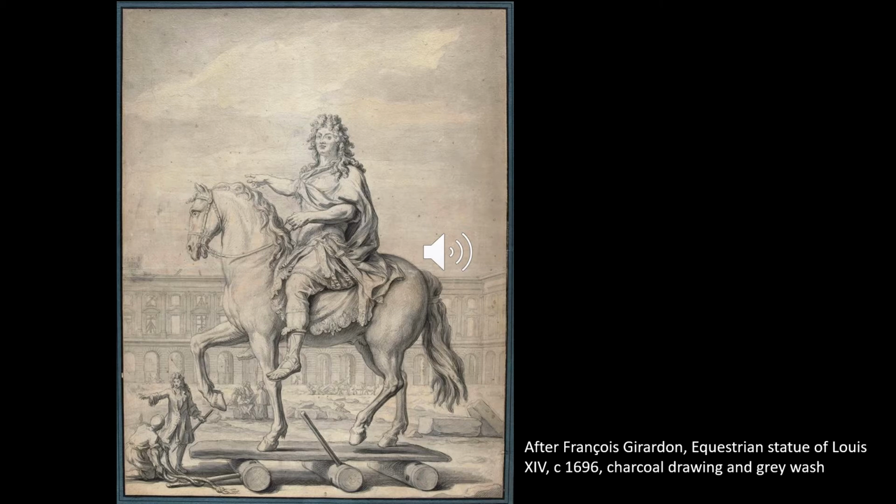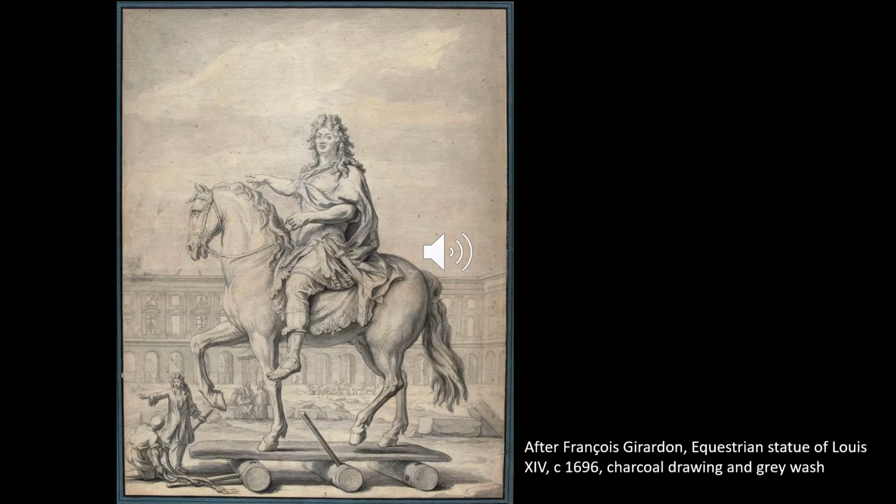Now, you may not be an expert yet on 17th century French fashion, but you can probably tell that what we're seeing is Louis XIV not in his contemporary clothes, but instead wearing the costume of a Roman emperor, in addition to his voluminous curly wig, which did show him as a 17th century gentleman.